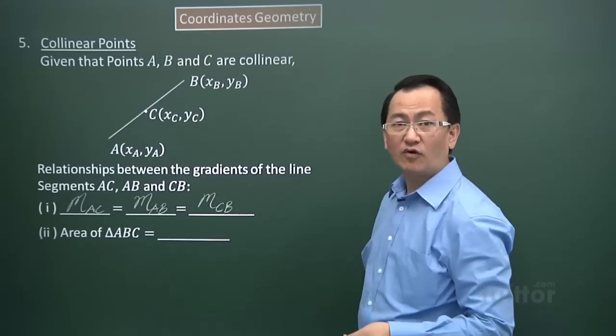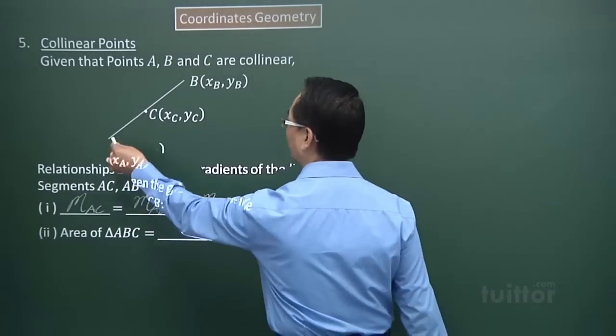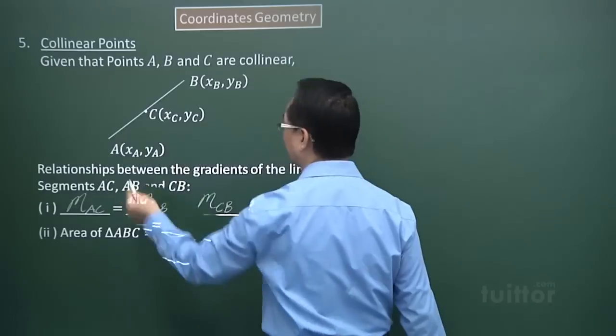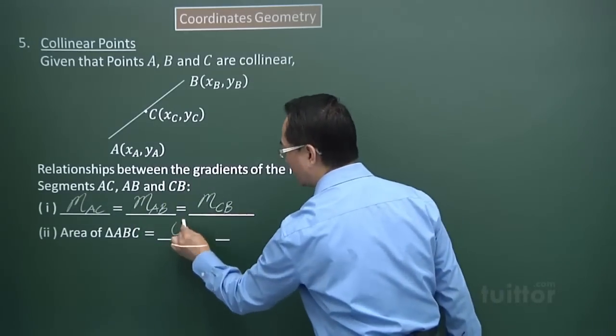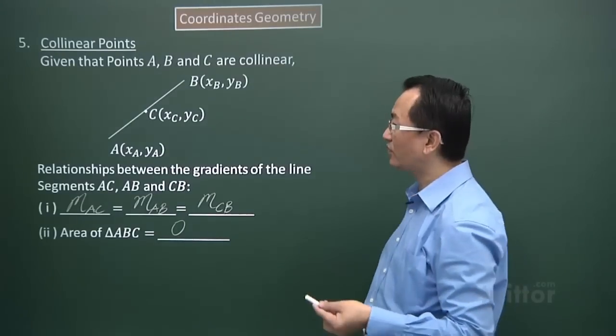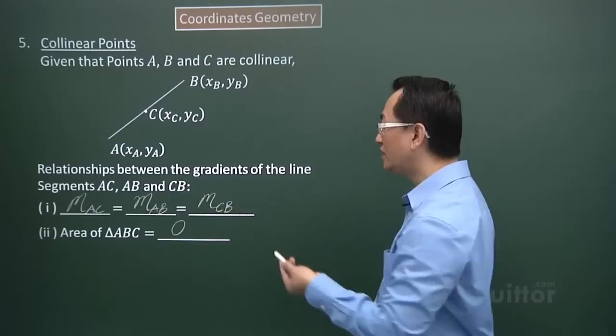Next, for part 2, if I'm looking for the area of a triangle, in this case triangle A, B, and C, you realize it's just a line, then the area must be 0. So one way to test whether the 3 points are actually collinear, we can use this.